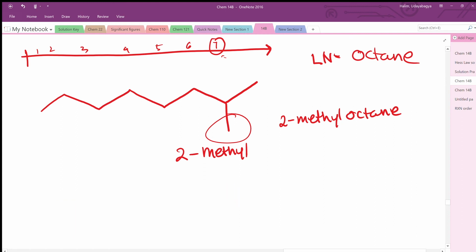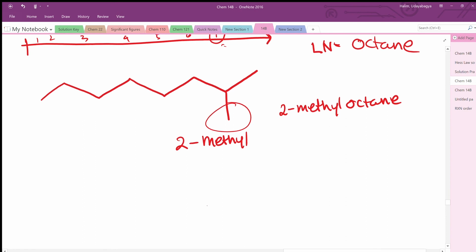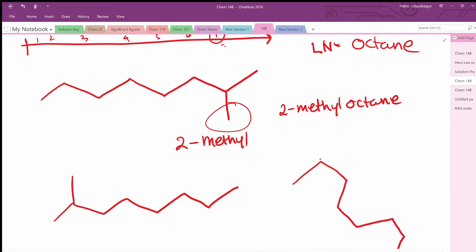If you actually put them in solution, they wiggle around like a snake. So if you were to draw it this way, or draw it 3, 4, 5, 6, 7 that way, it's still the same molecule. The longest carbon chain is still 8, and it wiggles. So it's the same molecule in the end.